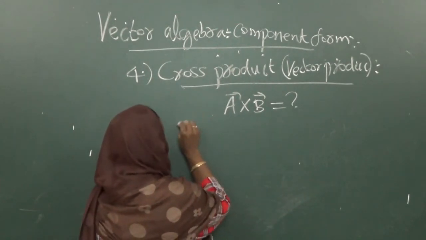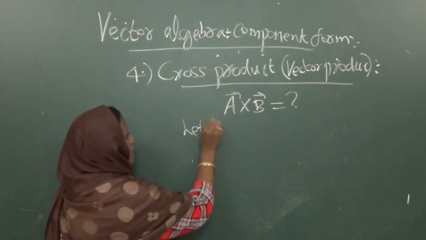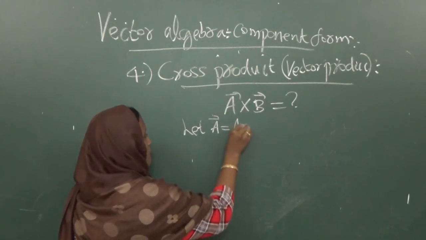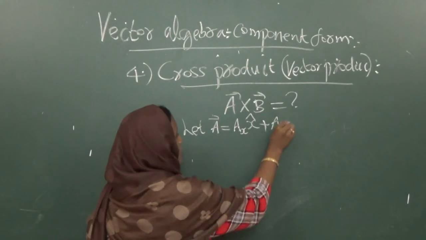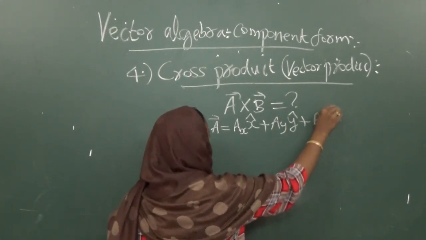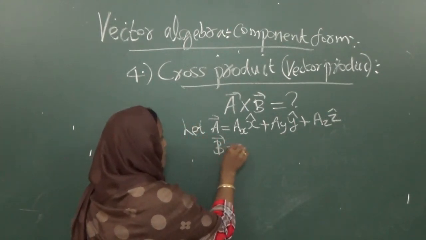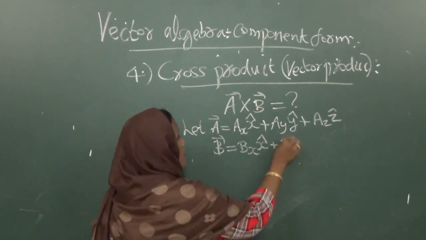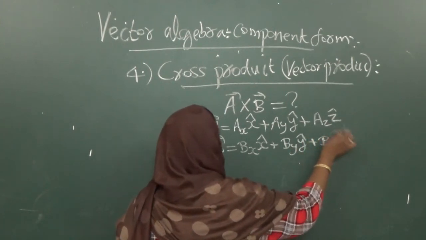So let vector A equal to Ax x cap plus Ay y cap plus Az z cap. Similarly, vector B equal to Bx x cap plus By y cap plus Bz z cap.